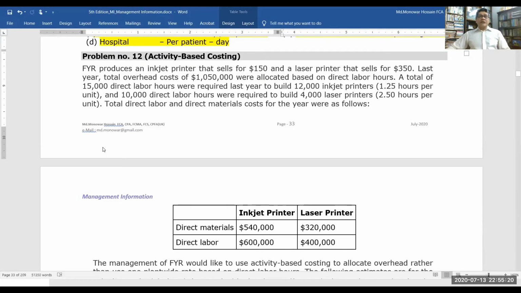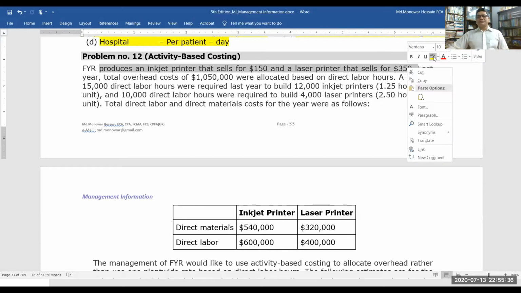Here, look here. Suppose a firm produces an inkjet printer that sells for 150 and a laser printer that sells for 350. So two types of printers.